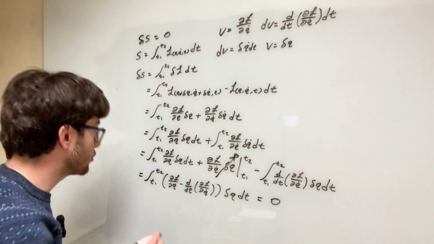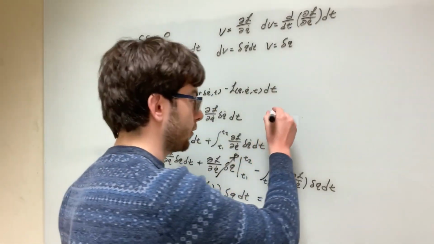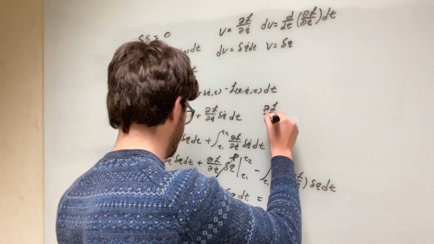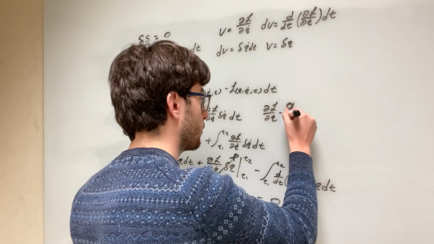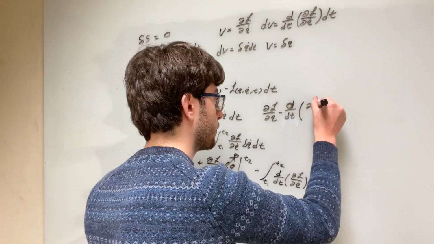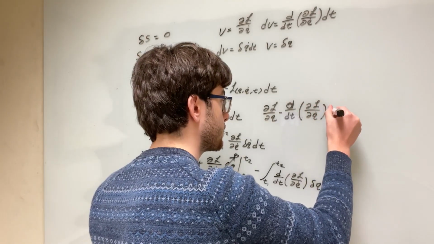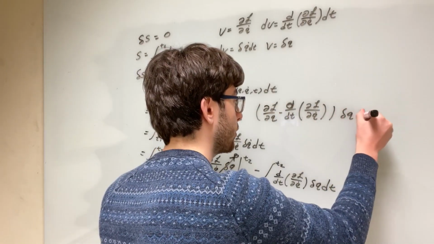So I'll write it over here. And then this is all being multiplied by the variation in q.